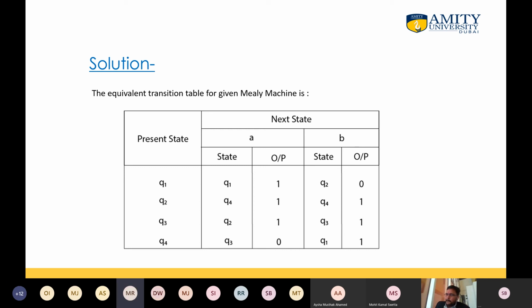Don't consider any input right now, just check the output only. So 2 outputs are there for Q2. For the 0 output, you will write the Q2 0 state, and for the 1 output, you will write Q2 1. You have to map one by one.